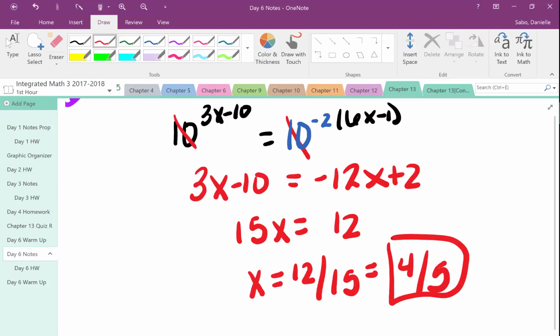What's up? So, you didn't need to put a 2 here. It was a base of 10. The only thing that you need to do is make this a negative 2. Be careful with that. Because then you can write this as 10 to the negative 2 power.